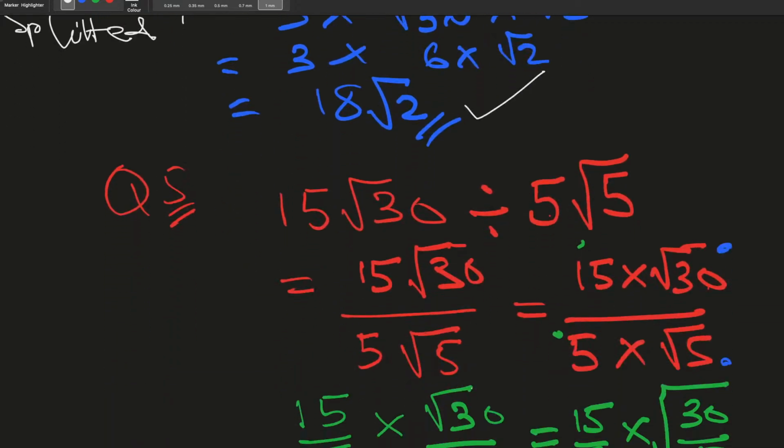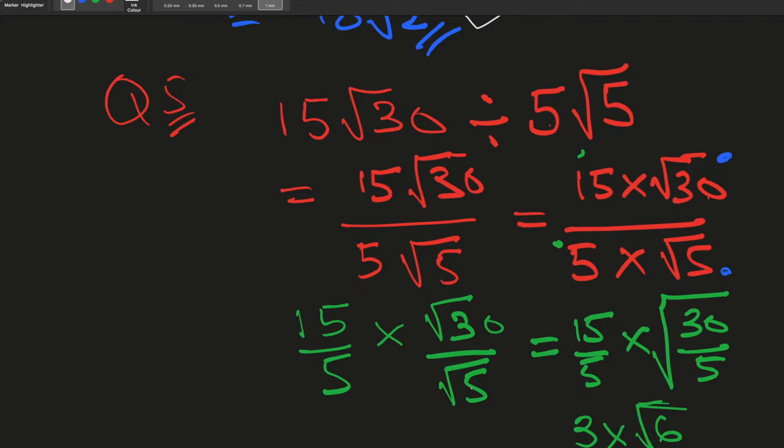Okay, now the next one was 5 root 30 divided by 5 root 5. Now, look at it. What we did was, we broke it down traditionally because, as I said already, if we have A divided by B, we can say traditionally it's A over B. So we apply the same principle over here.